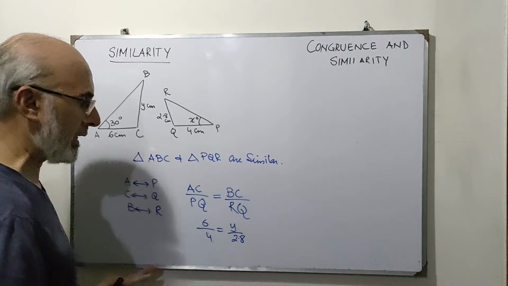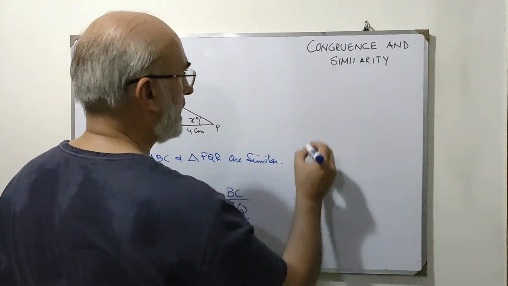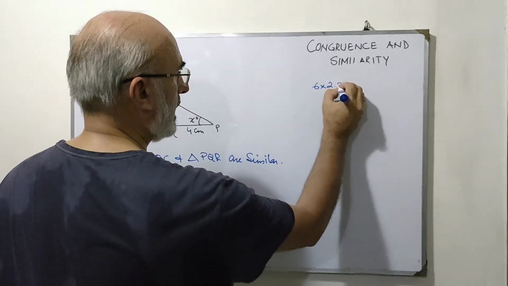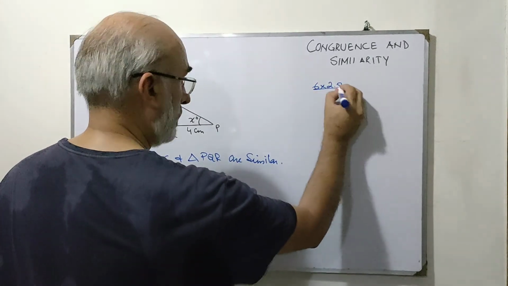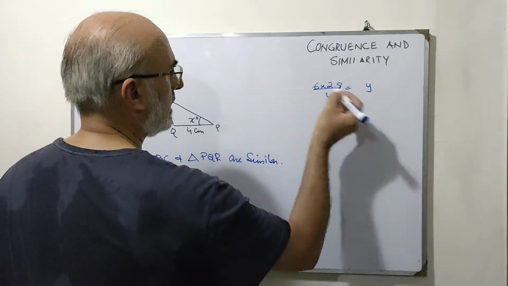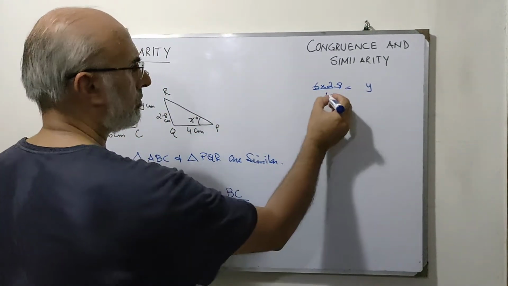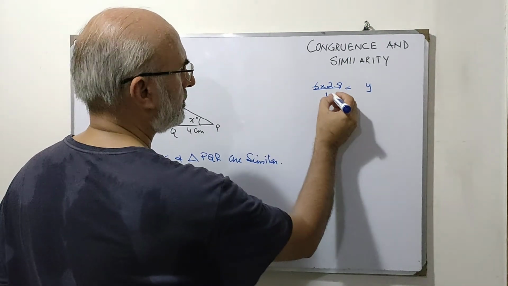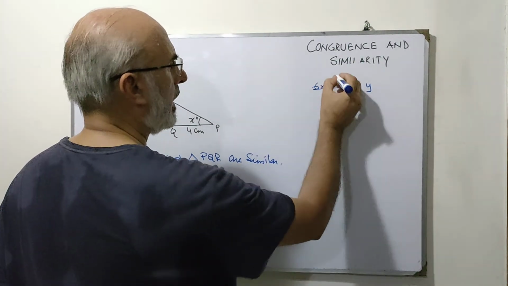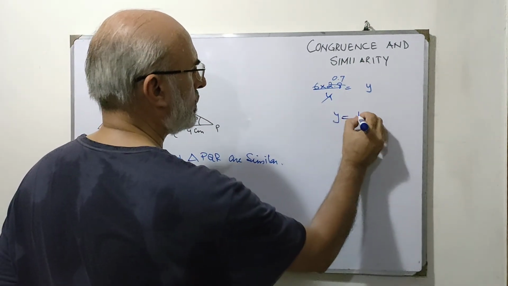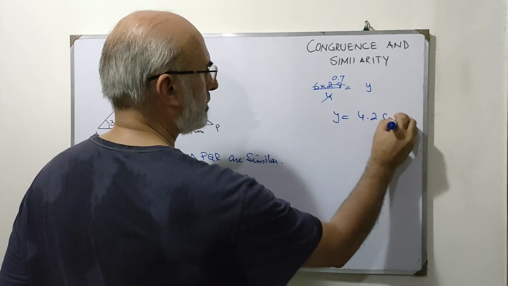Cross multiply, and we have 6 into 2.8 divided by 4 is equal to Y, and it is 4.2, so Y is equal to 4.2 cm.